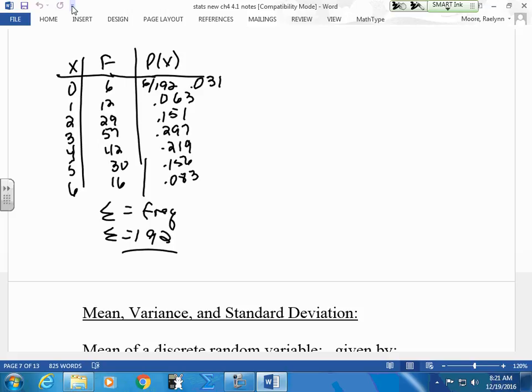What should we do if they don't add up to 1? Well, we could go to the next decimal place, or we could look at one that was very, very close and just change it a little bit to make it add up to 1.